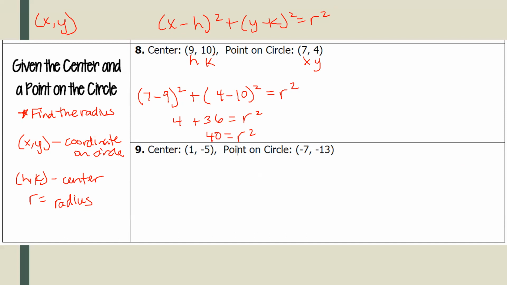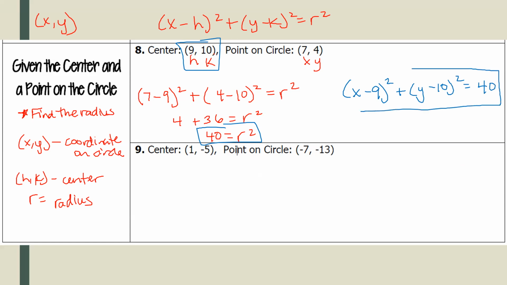So you have r squared, you have h, k. X minus 9 squared plus y minus 10 squared equals 40. This will be your final answer. This equation of the circle would work for every point on the circle, including 7, 4.